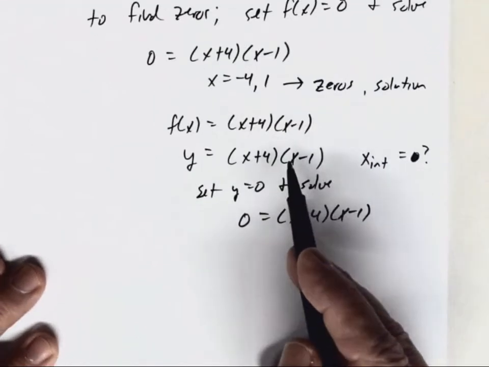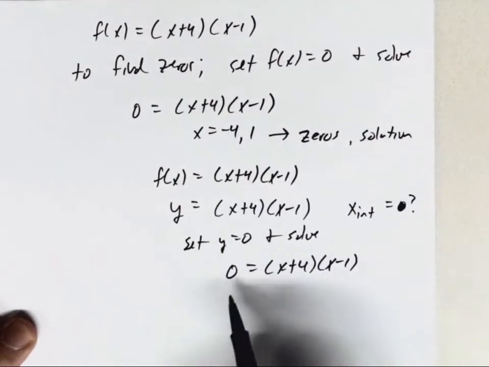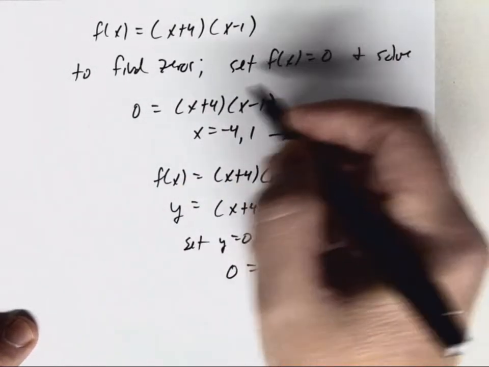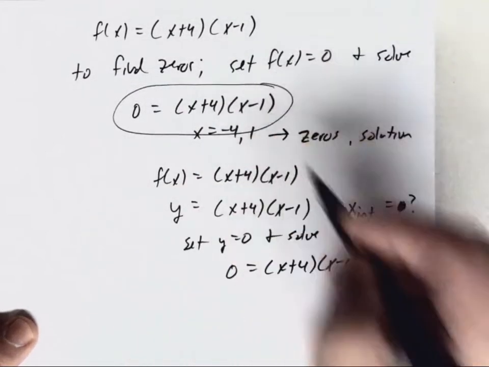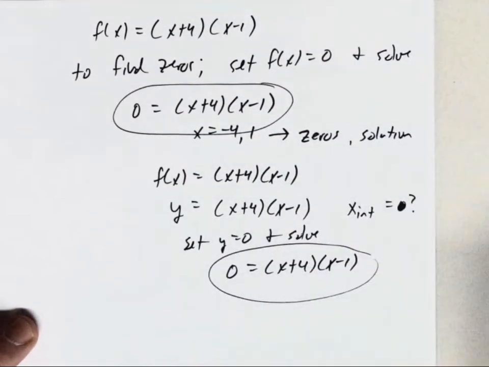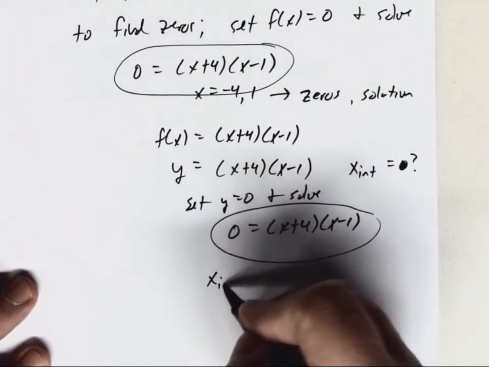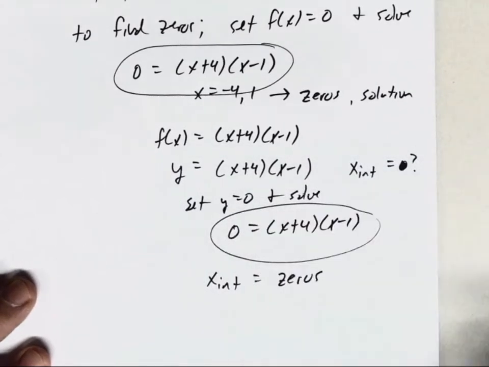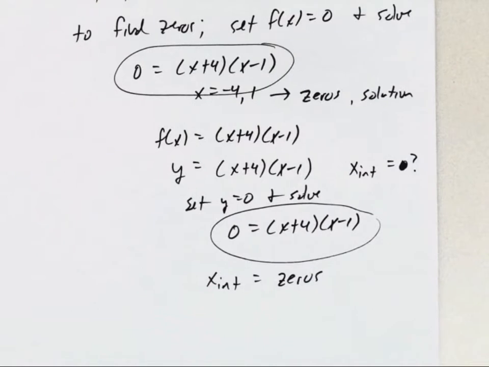Now to find the x-intercepts, what did we do? Set y equal to 0 and solved it. We're solving the same equation. What does that mean? That means that really x-intercepts and zeros are the same thing.